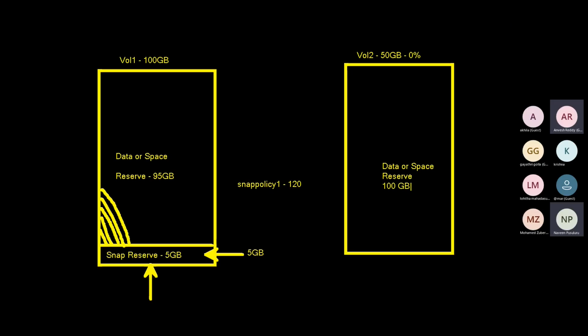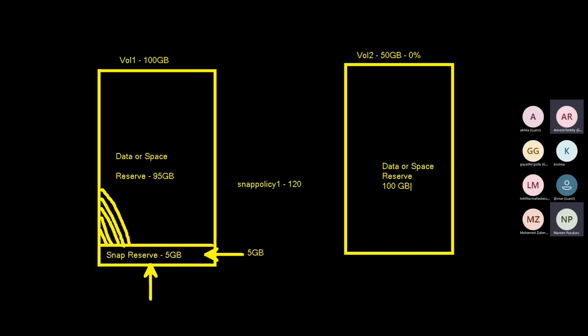Can I create snapshots here? Yes, you can create. As I told you, you don't need a dedicated space or dedicated reserve for snapshots. Snapshots can be created on the data reserve as well.